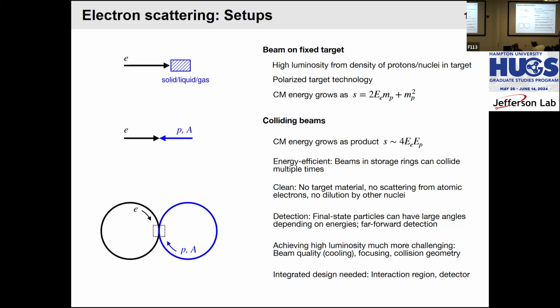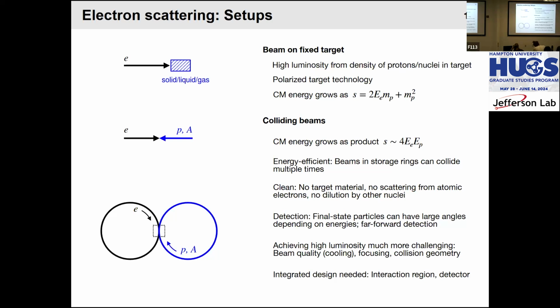You probably heard about some of them in Patricia's talk. But in this setup, the center of mass energy is given by this expression here, and you see it grows only linearly in the incident beam energy. So it's difficult to reach high center of mass energies in this setup. Now, another technology is colliding beams.